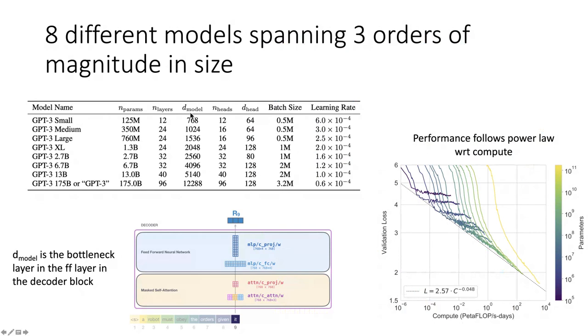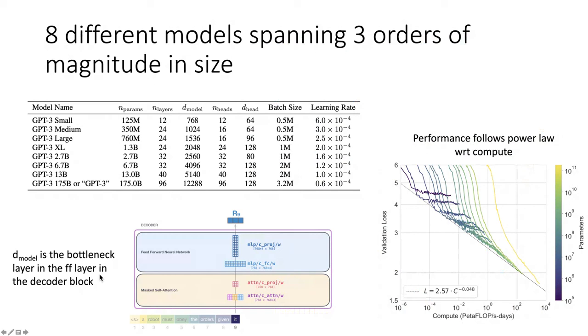D model is the dimensionality of the model. I wasn't sure what that meant, so I dug into that. It just means that it's the size of the bottleneck layer in the feed-forward layer in the decoder block. So real quick, in the decoder blocks, you have the masked self-attention, and then the output of that is fed into a feed-forward network.